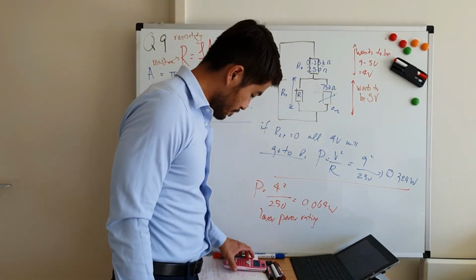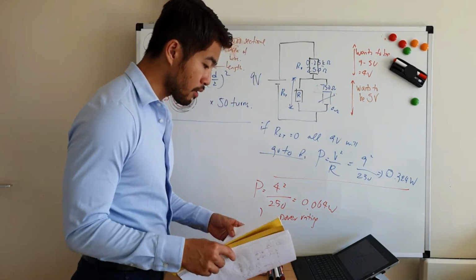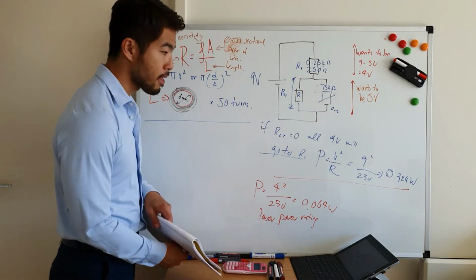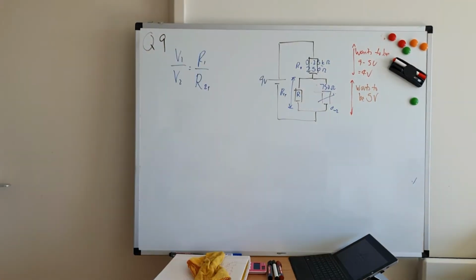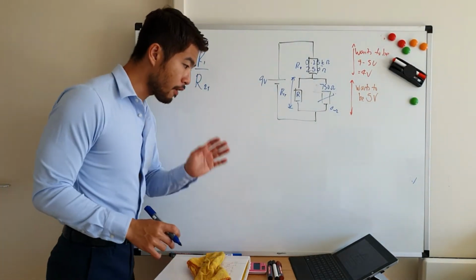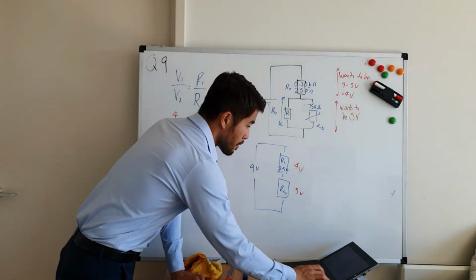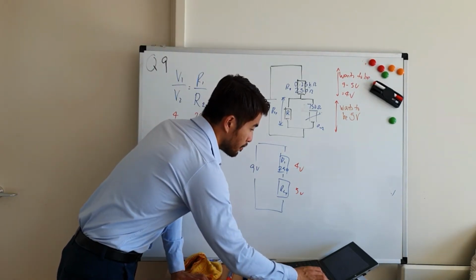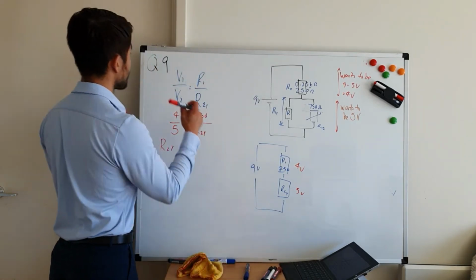Okay, so the next part is determine the R value the student should submit. I'm going to rub the board and come back to it straight away. Alright, the next part C is 5 marks. This is going to be question 9C.